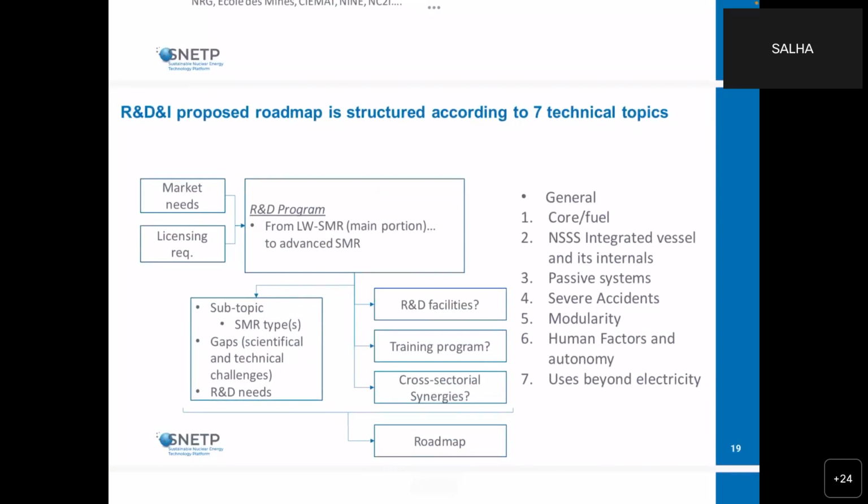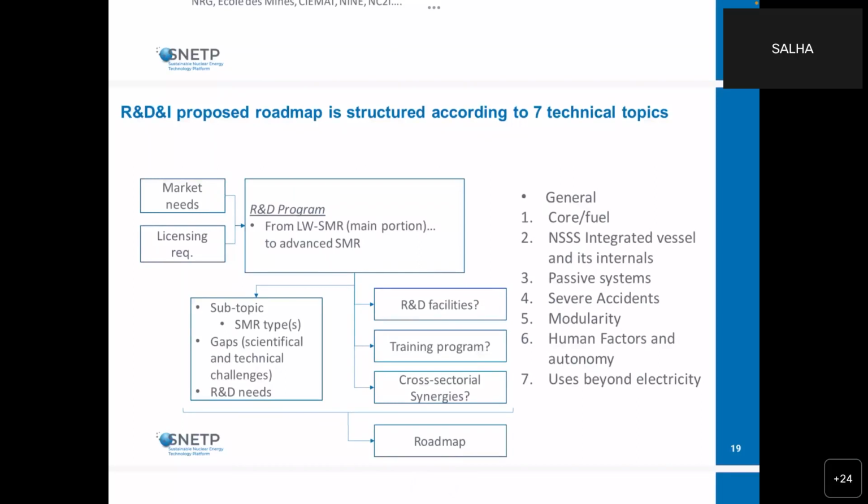The core and the fuel, the question of the integrated vessel and internals, passive systems, severe accident, modularity, human factor, and autonomy. And point number 7 is what we call use beyond electricity. So that's the question of being able to generate hydrogen or heat through those reactors. What's also important, which I didn't mention up to now, is the question of what we call cross-sectorial synergies.